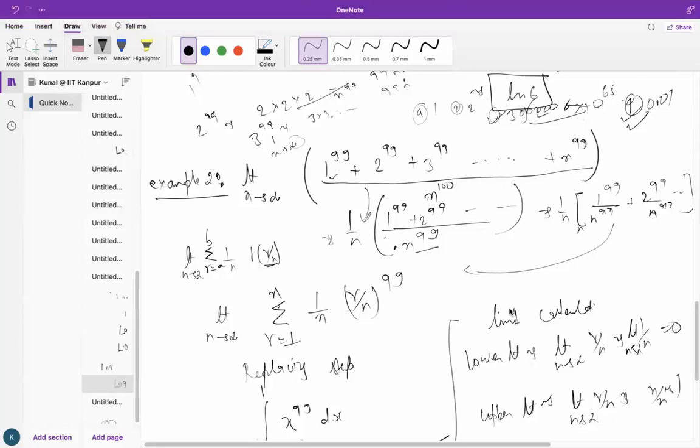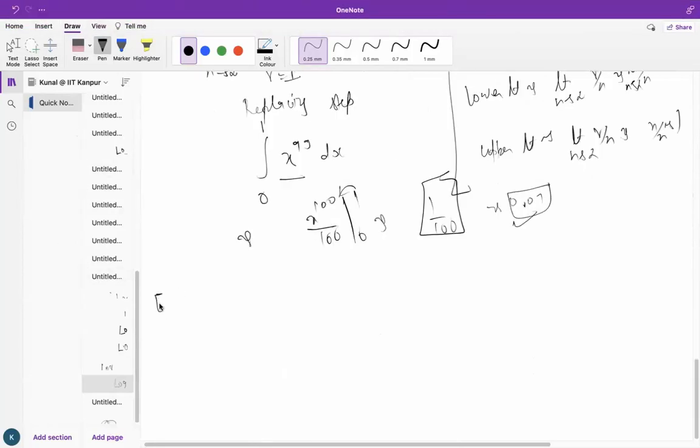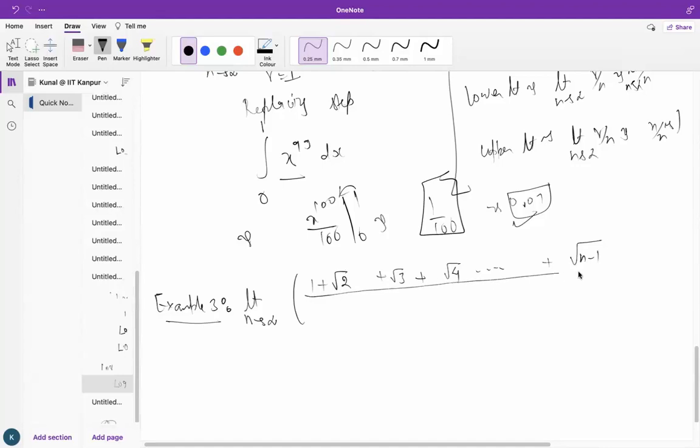Okay, so let's move to example number 3. It is written: limit n tending to infinity of 1 plus root 2 plus root 3 plus root 4 dot dot dot up to root of n minus 1, divided by n root n.